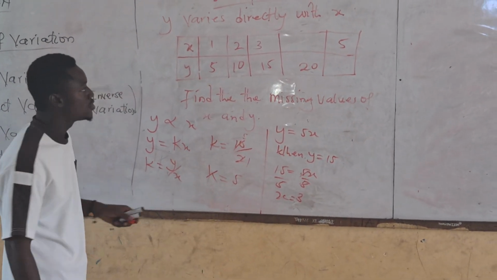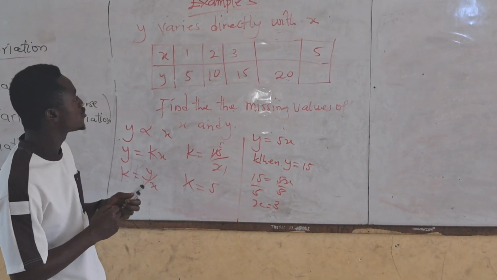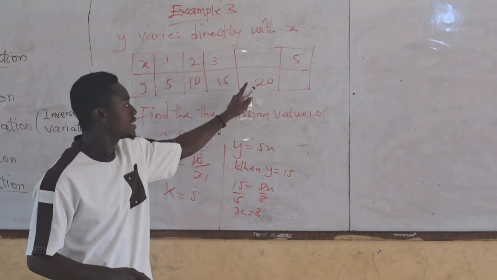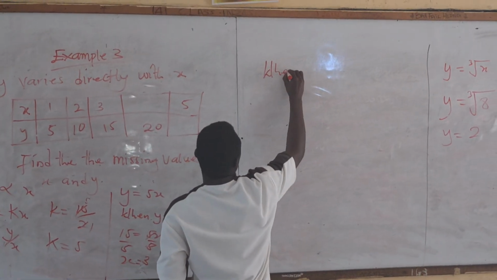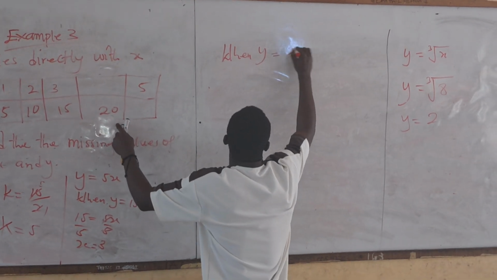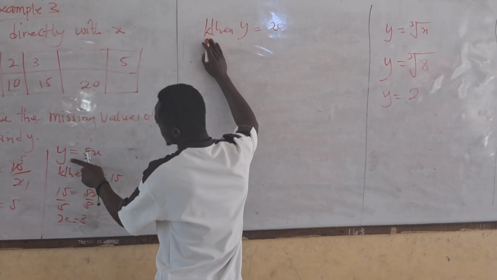So let's solve for the next one. They said we should find x where we know y to be 20. So when y is equal to 20, we come back to what we have here.